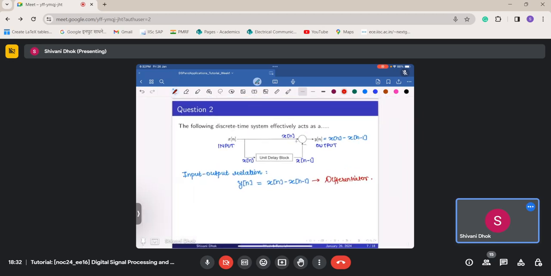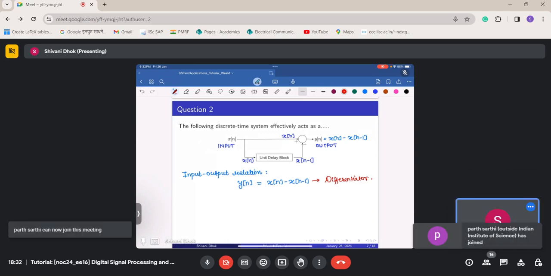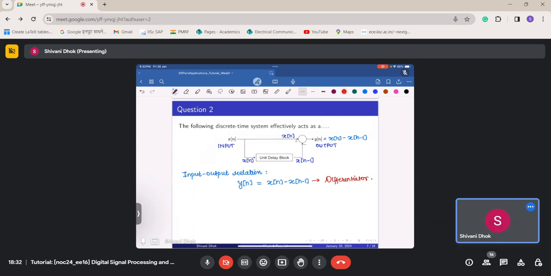Any questions? Madam, what if any weights are involved here, like 2 into xn minus some constant, let's say 3xn minus 1?